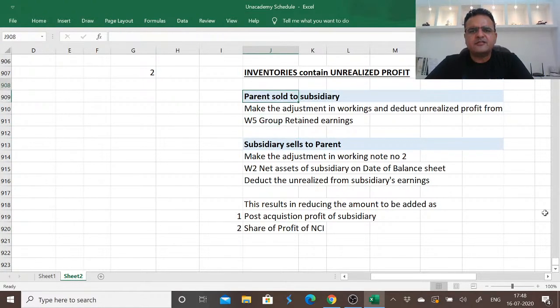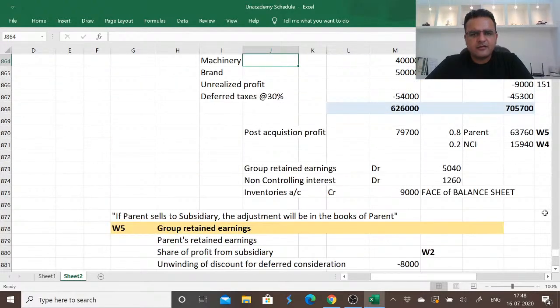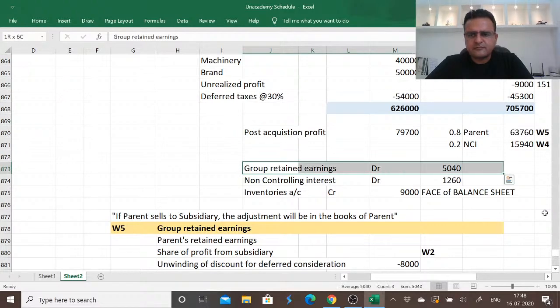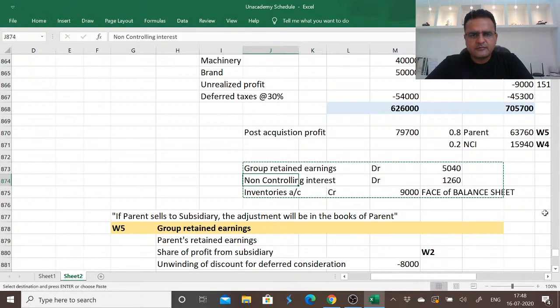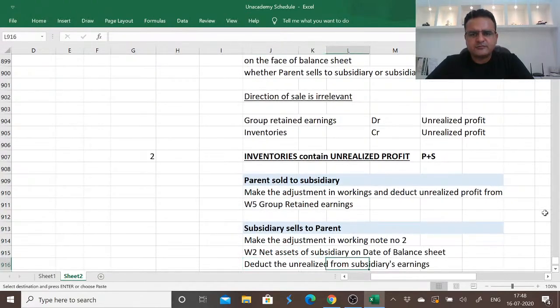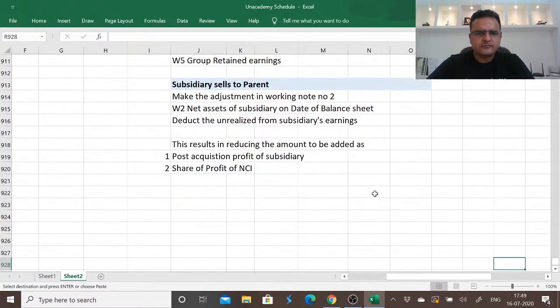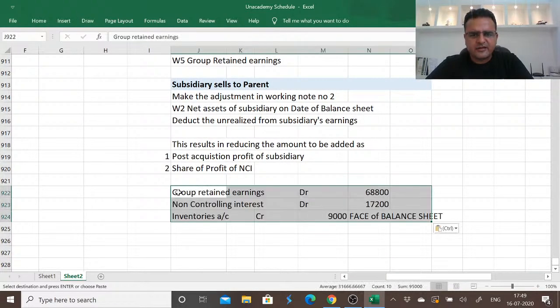And automatically this entry gets passed. Automatically we are successful in passing this entry.